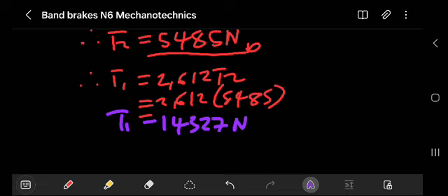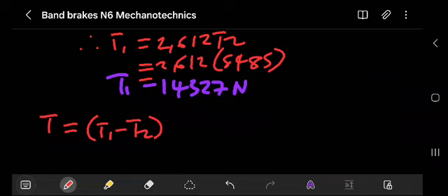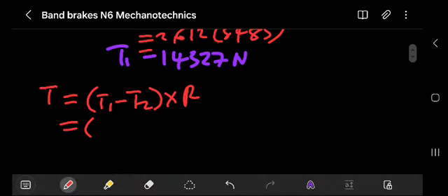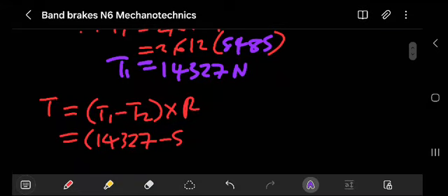When you rotate, then what is torque? We wanted to calculate the torque when you rotate this clockwise. Torque is T1 minus T2 multiplied by R. All right, then T1 is 1,4327 minus T2, whereby T2 equals 5,485.